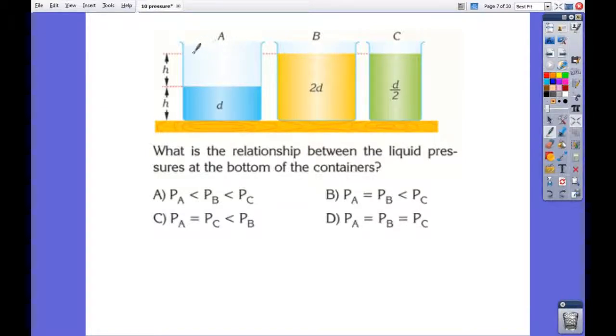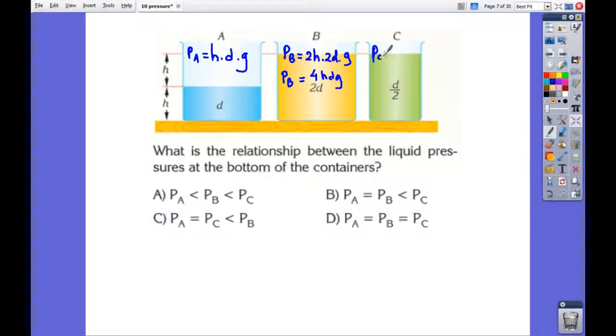So let's calculate one by one. For A, the height is only H, density D, and gravitational acceleration G. For the second container, the height is 2H and the density 2D times G. So PB is 4HDG.